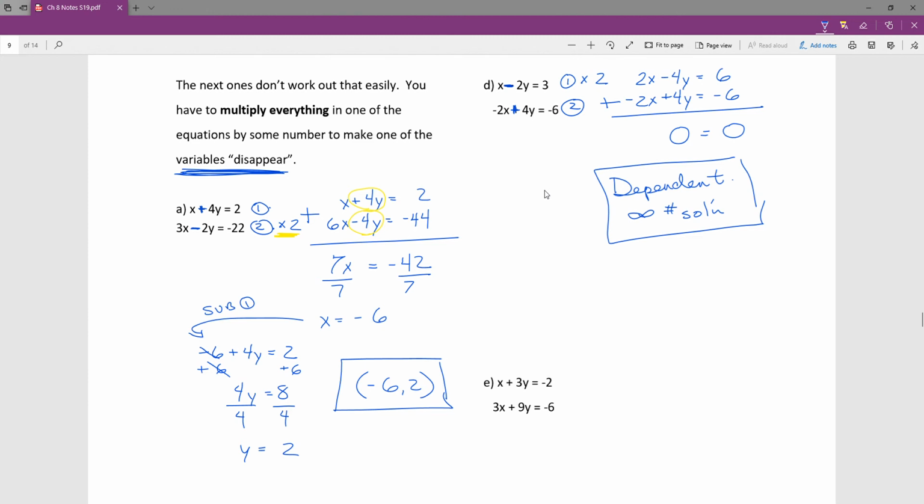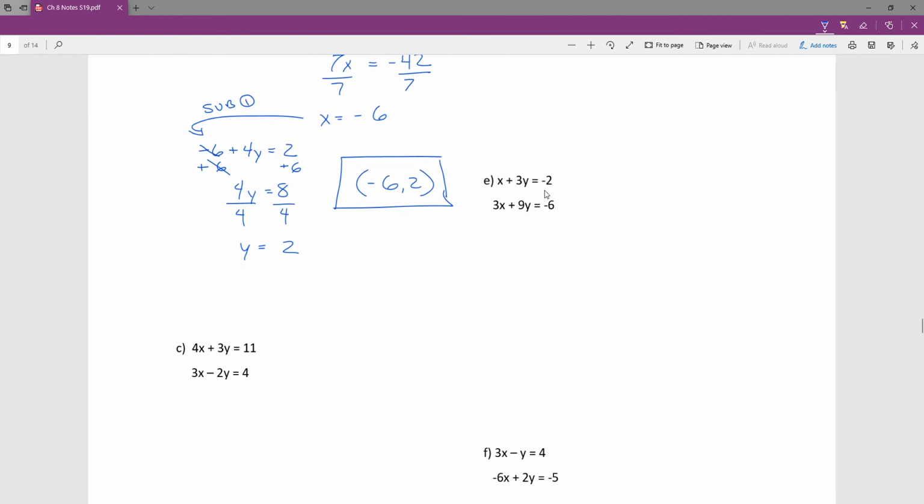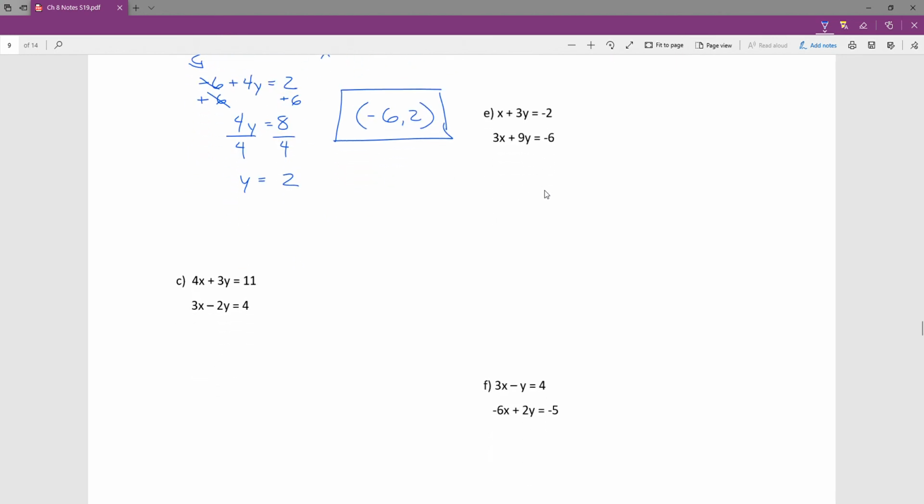Okay, so let's keep going on these. Sometimes it's that choose your own adventure that's kind of hard to crack into these. Like, how are you going to treat the two equations so that you get one of the variables to eliminate or disappear? So looking at E next, because it's next highest on my page, I'd have equation 1 and equation 2. And here, one of my first things I was looking at was having one positive and one negative coefficient on a variable.